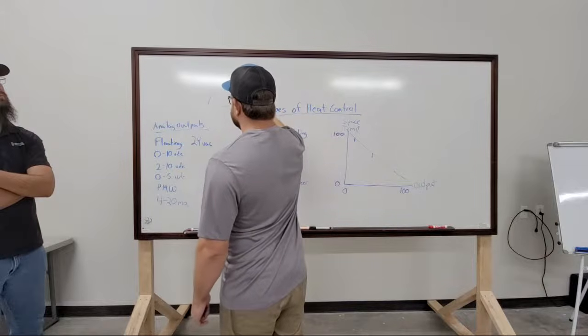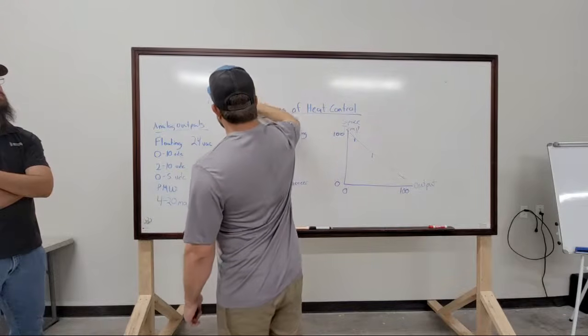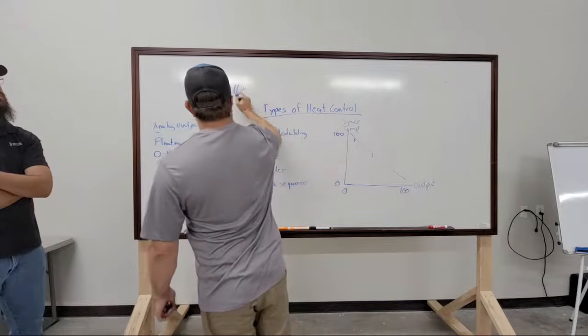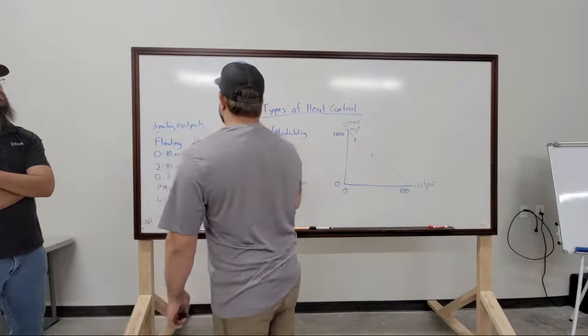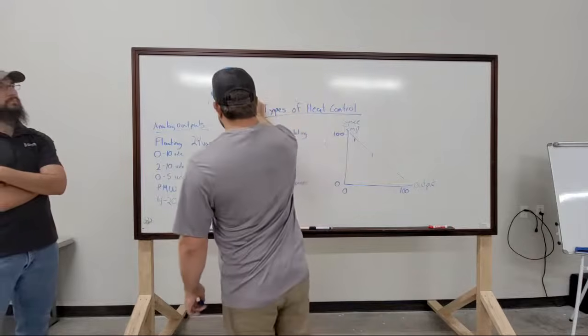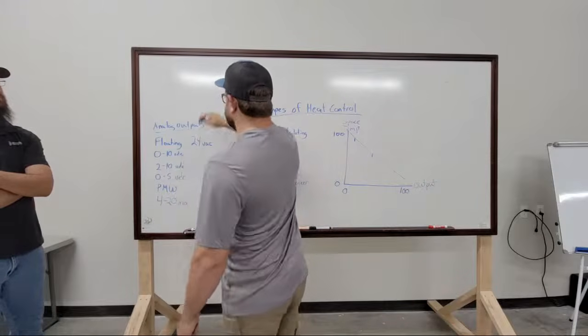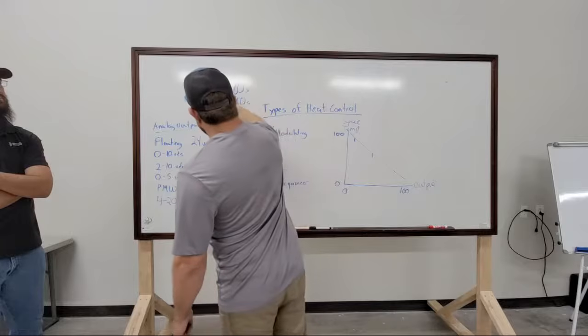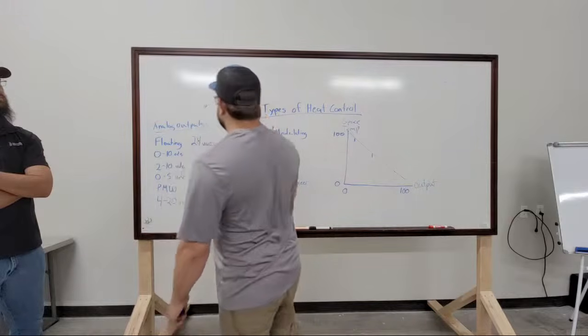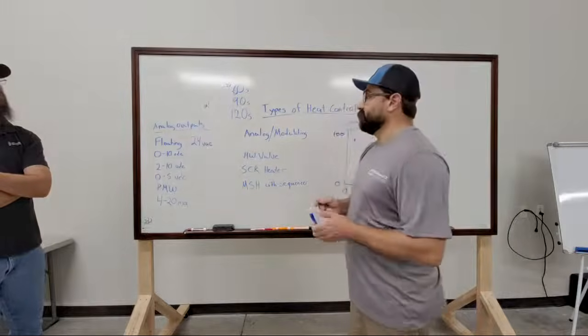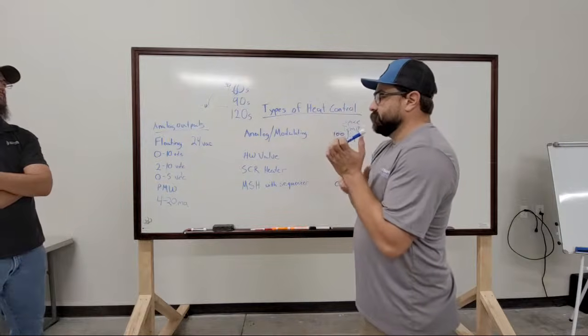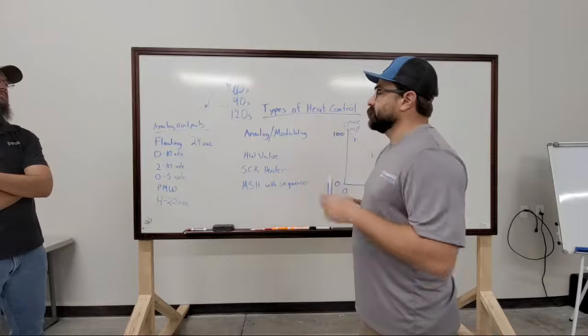Some of them are 60 seconds. 60, 90, 120 are pretty common time frames. That's from 0 to 90 degrees, so closed to open is typically what they refer to as the time of travel in a floating actuator.